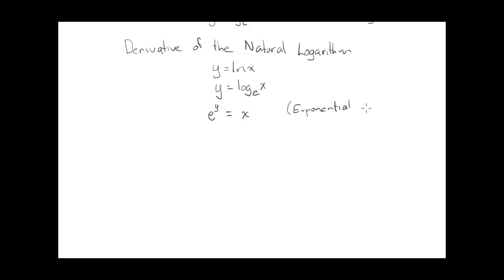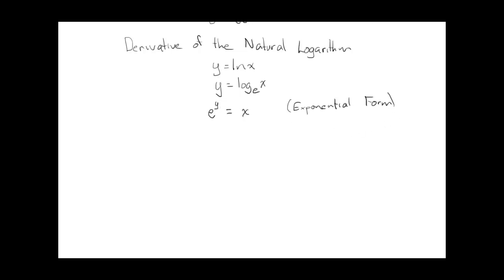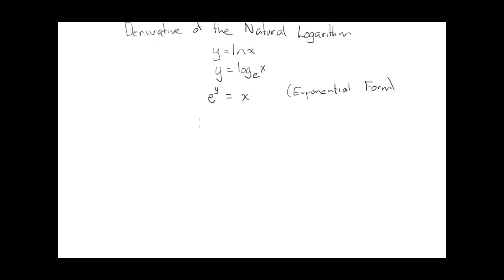The reason we do this is we have a derivative rule for e to the power of something. So we can just use that rule to come up with this derivative rule. So what we're going to do is implicitly differentiate, differentiating both sides with respect to x. On the right side, that's easy.